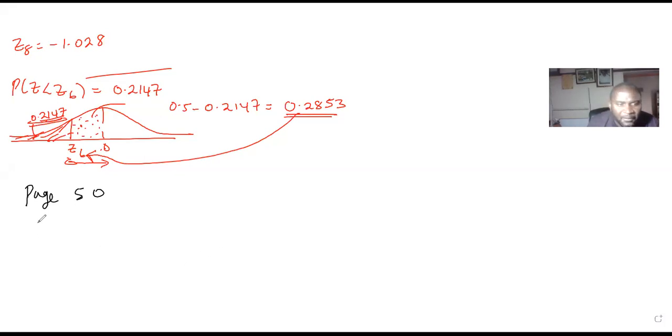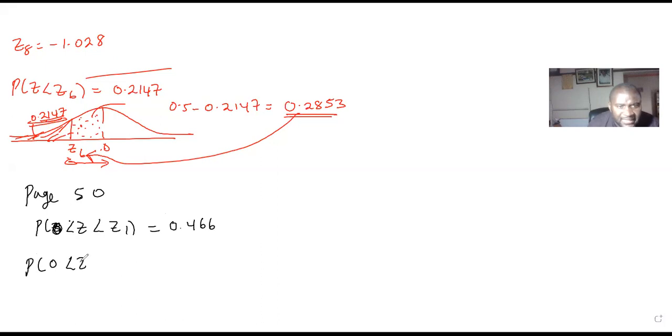For example, probability of 0 less than Z less than Z1 is equal to 0.466.